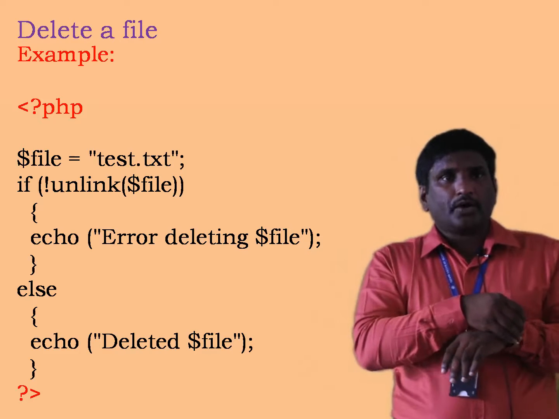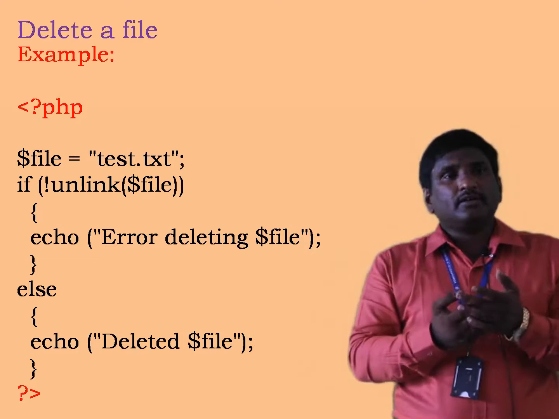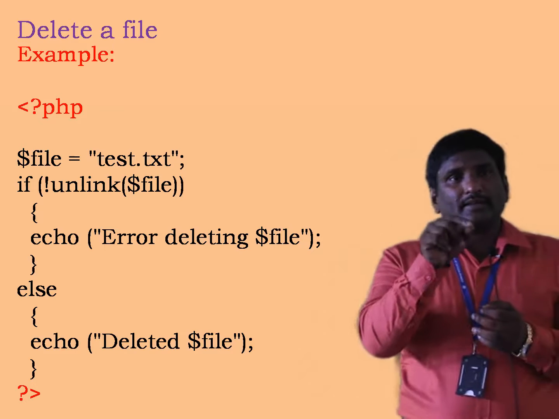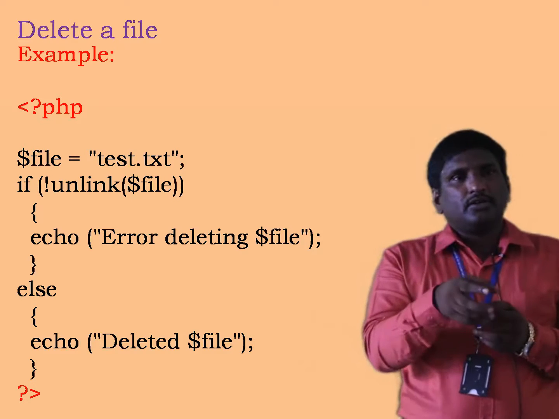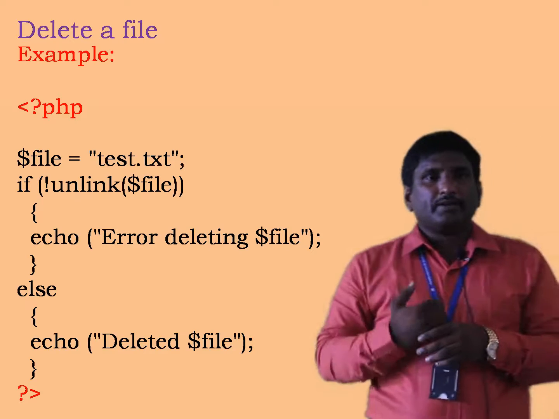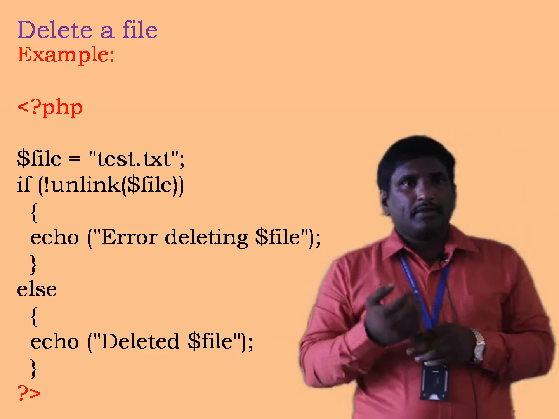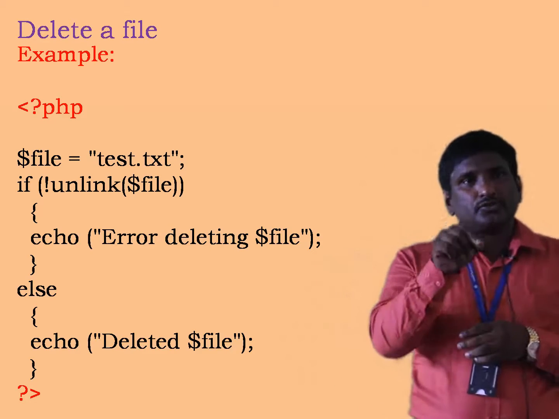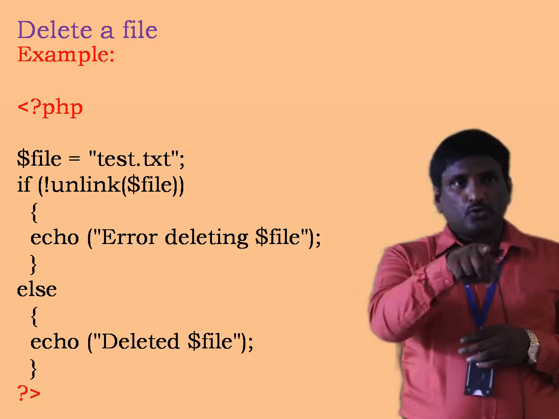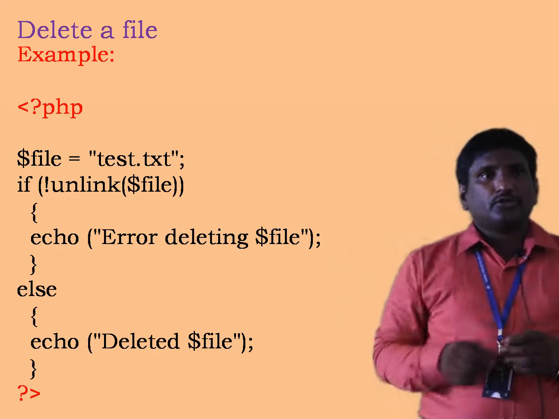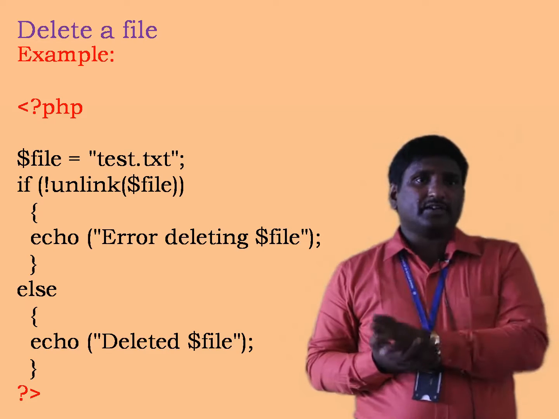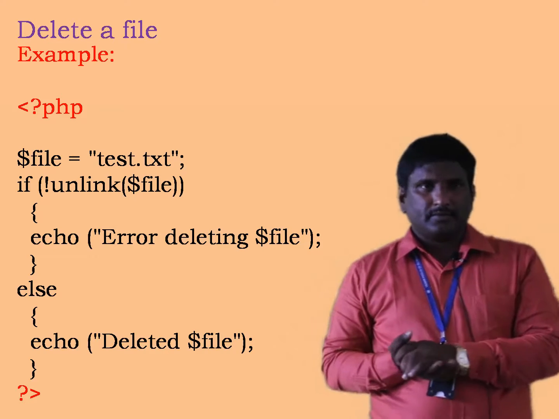If it is not deleted, the unlink call returns false, so the else part will be executed. Because the unlink function is used to delete the file, when it returns true, the not operator makes it false, so the output will be that the file is deleted. So the test.txt file will be deleted.